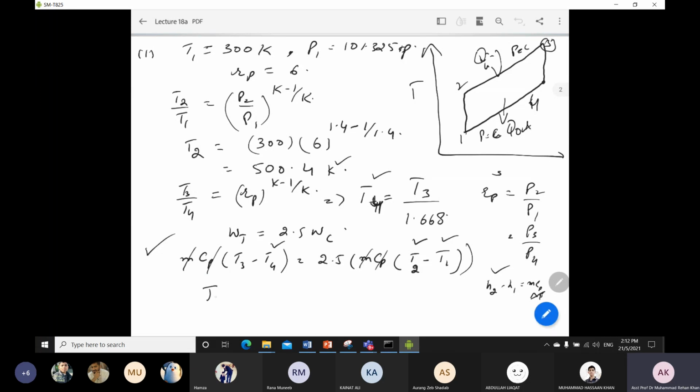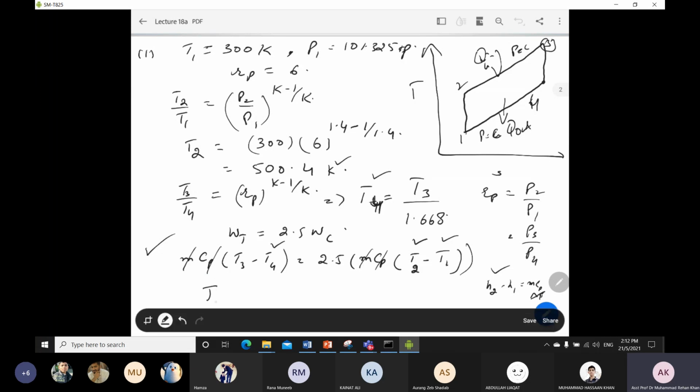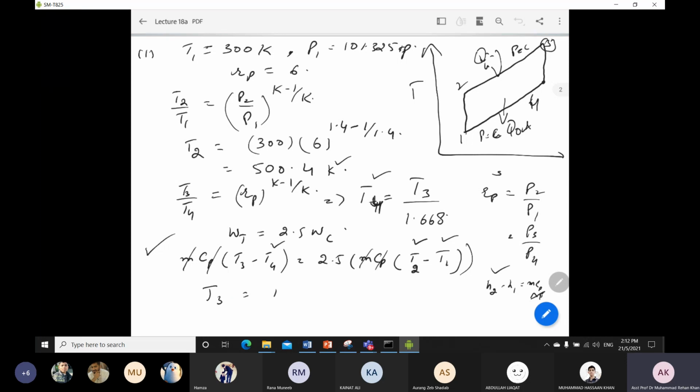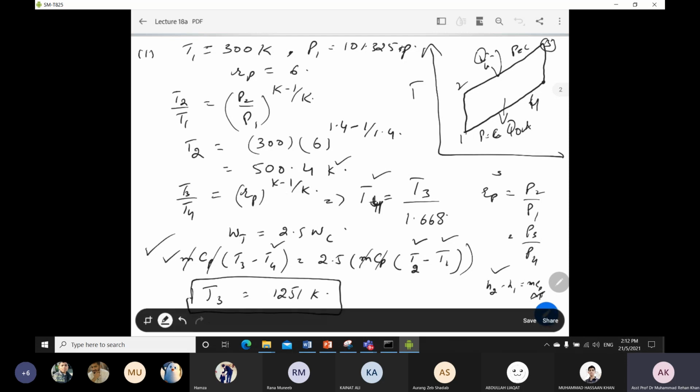Solving for T3, it turns out to be 1251 Kelvin. This is the required answer for your part A: find the maximum temperature of your cycle. Note it down, then move towards the second part, which is to find the cycle efficiency.